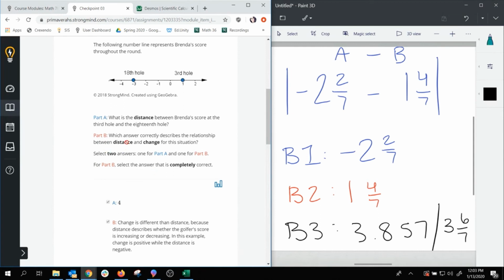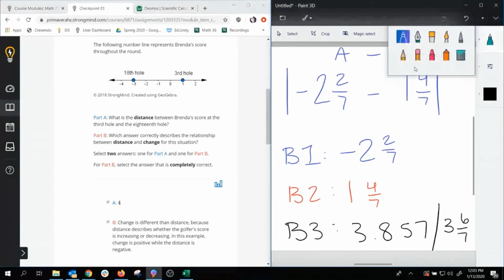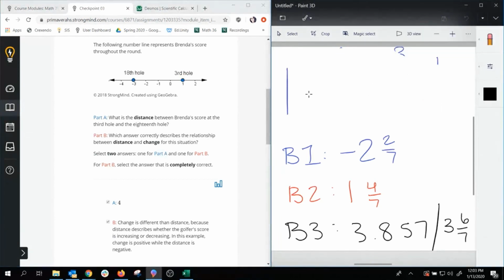And part B says, which answer correctly describes the relationship between the distance and change? So the distance is positive 4, right? And if you look at her score from her 3rd hole, which is positive 1, and then at the very end, her 18th hole, is her change increasing or decreasing? Is her score going up or is her score going down?